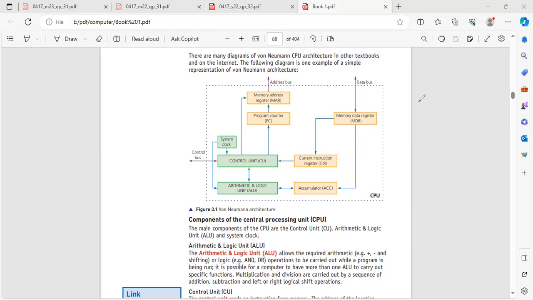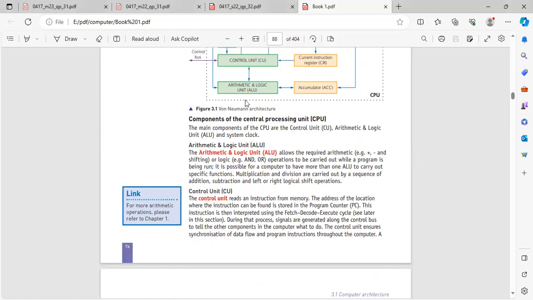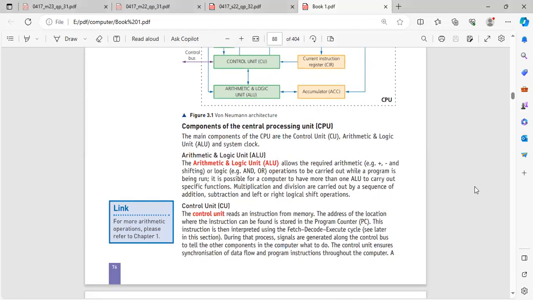Now first go through the material so that you can understand further. First go through this paragraph, the ALU. These are the operations of the ALU: plus, minus, shifting, or logic, for example AND or OR operations to be carried out with a program while the program is being run.